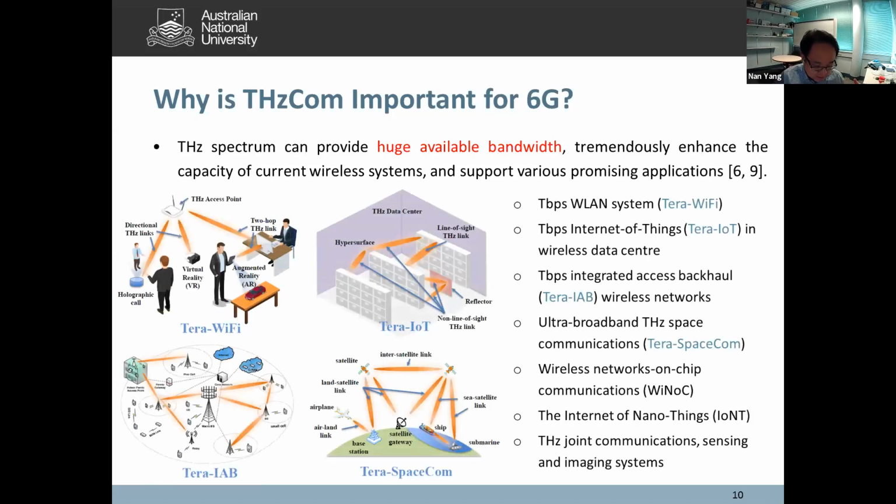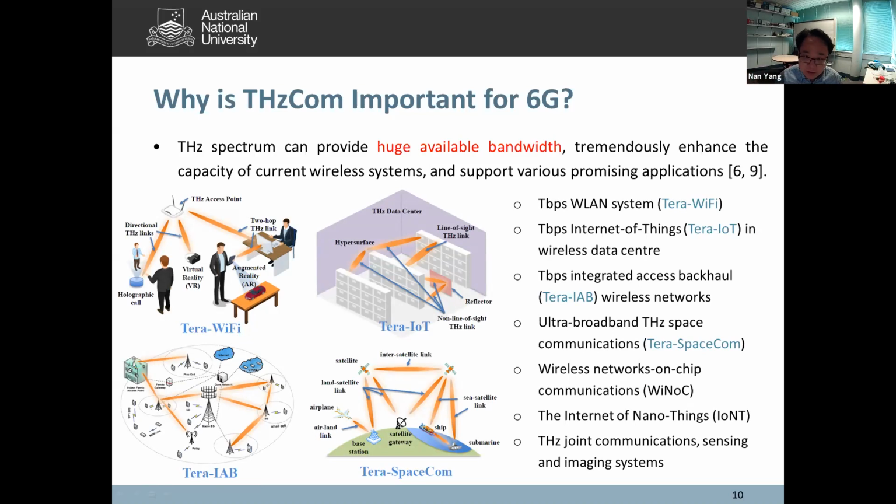Once these ultra-high data rates can be supported, Terahertz communication can support something like a Terahertz Wi-Fi or WLAN system. It can be used to support the Internet of Things in wireless data centers, like building communication between data centers. It can be used to support access and backhaul in wireless networks, and even in space communication to support inter-satellite links, something like that.